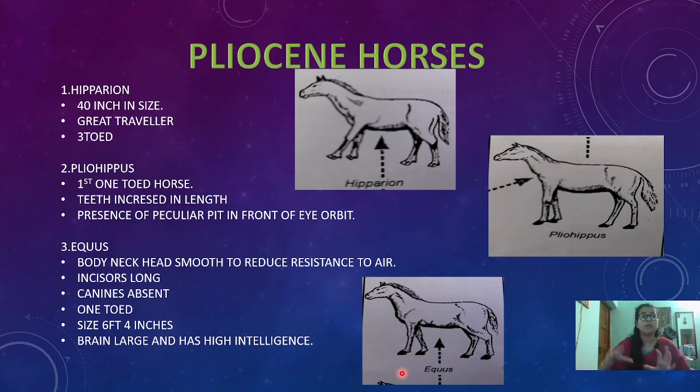You can see first they were dog-sized, that is, very small in size. Gradually, little by little, their size increased, and the structure also changed from a flexible back to a more rigid back. Their brain capacity or intelligence capacity increased, and from four-toed they finally became single-toed.